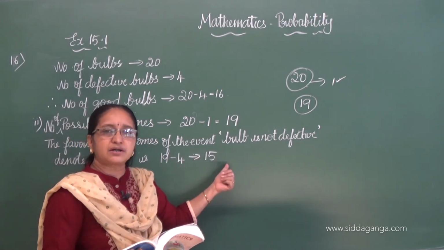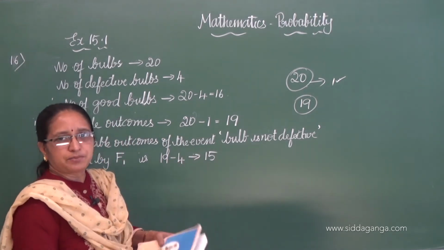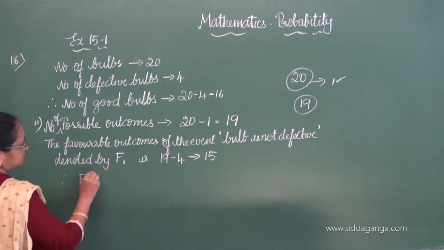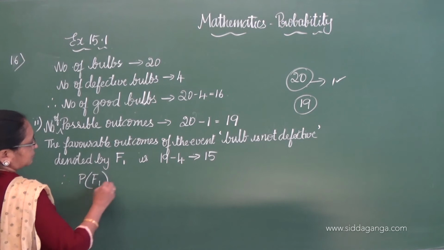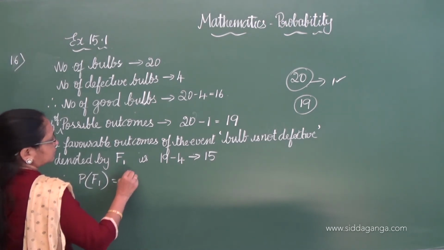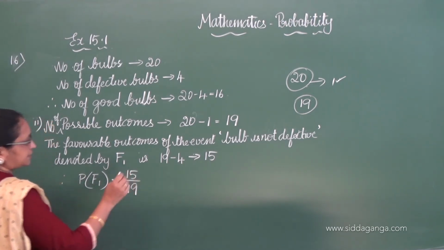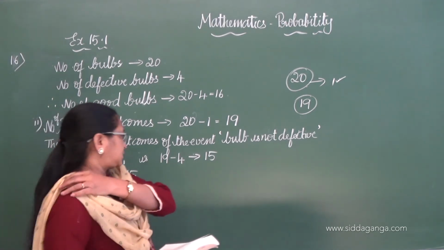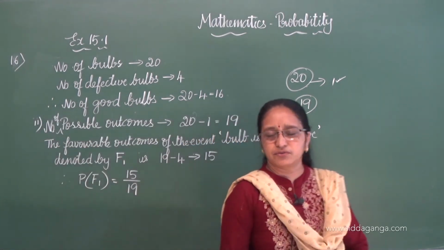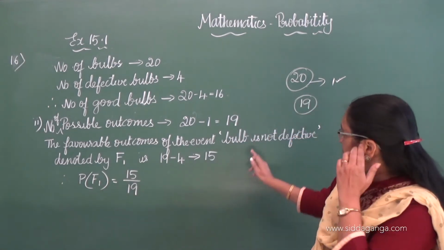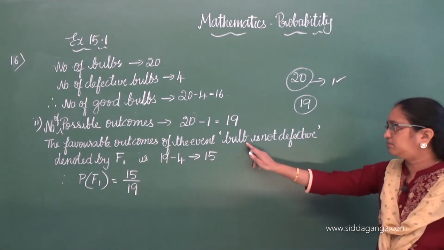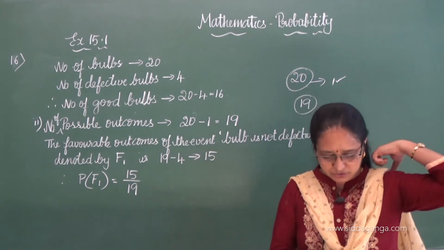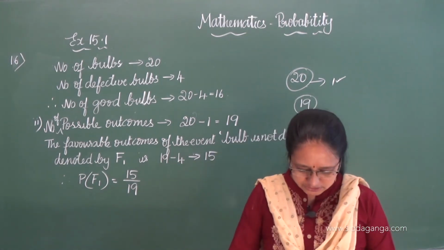So 15 are the good ones. I hope you understood this. Therefore, P(F1) is 15 by 19. This is the answer: the probability of getting a good one, that is, the bulb not being defective, is 15 by 19.